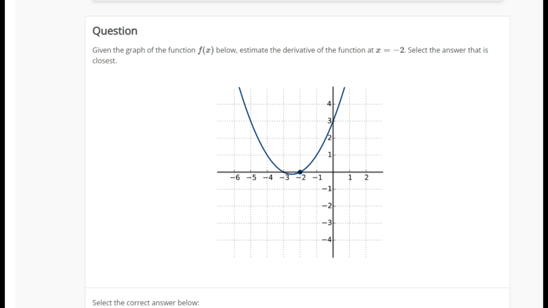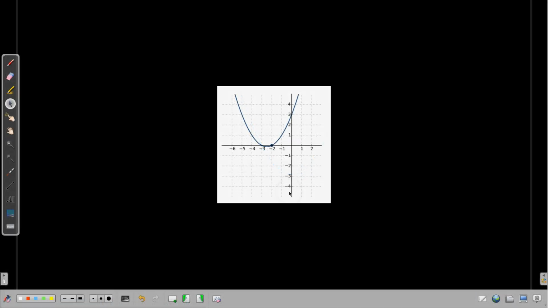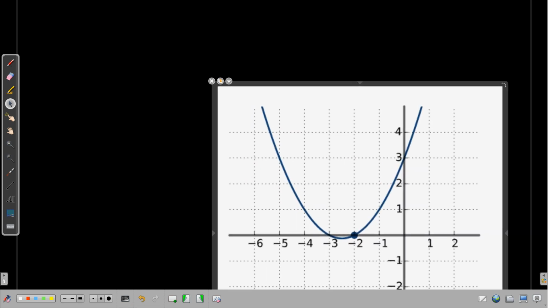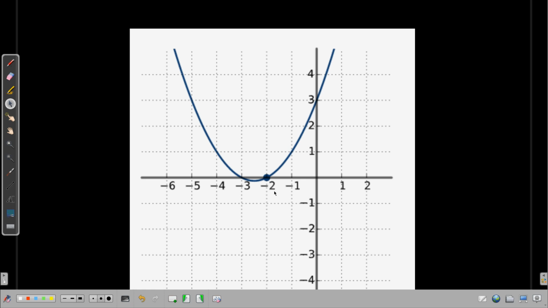So let's draw a picture. Let me get this on my sketch pad. Okay. So where is it going to be -2?